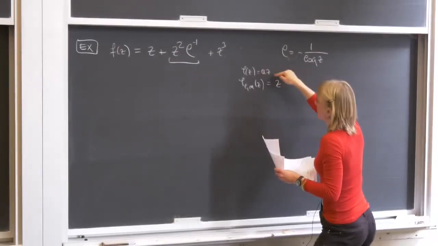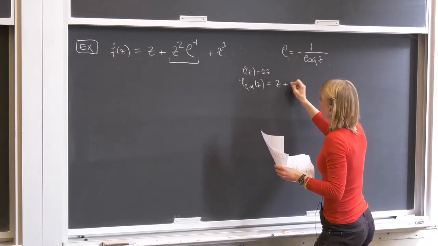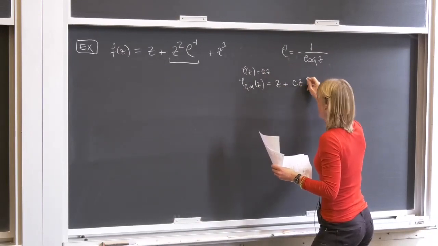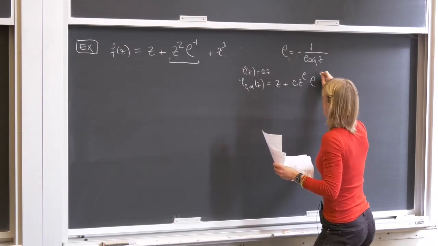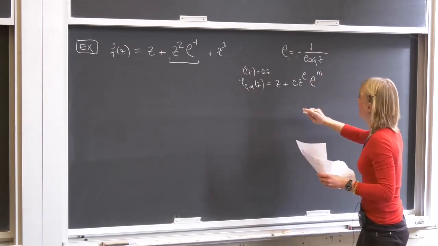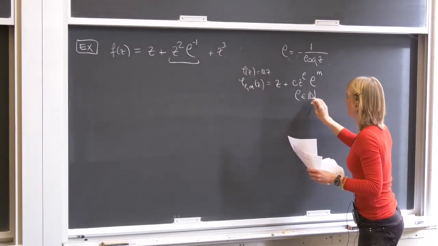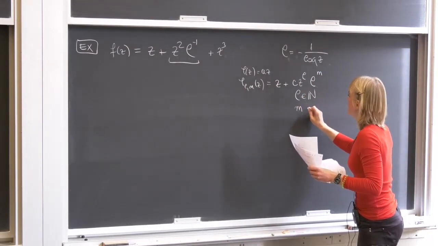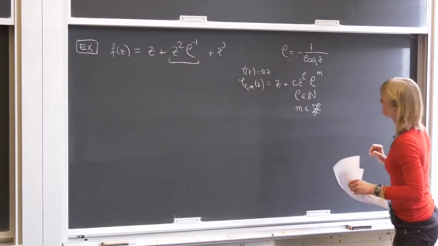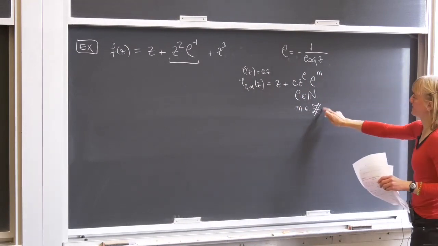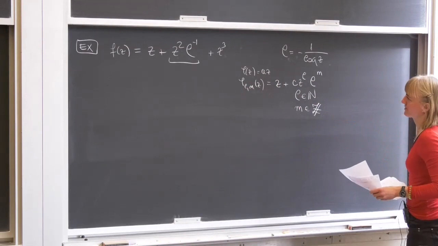Let's say either homotopy, or elementary changes that are of the type L, M, where L is a positive integer and m is possibly a negative integer.